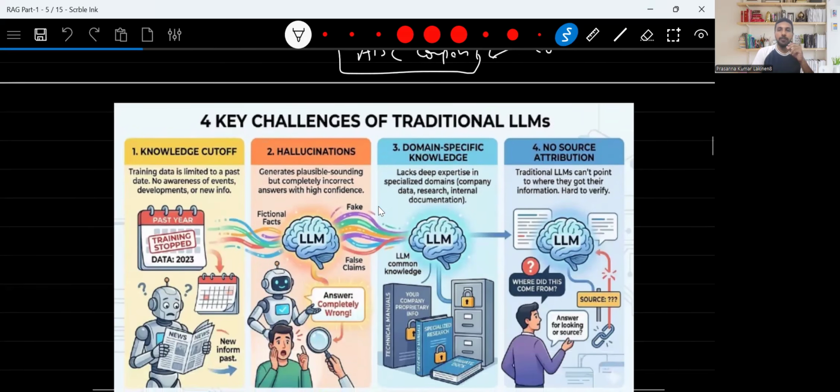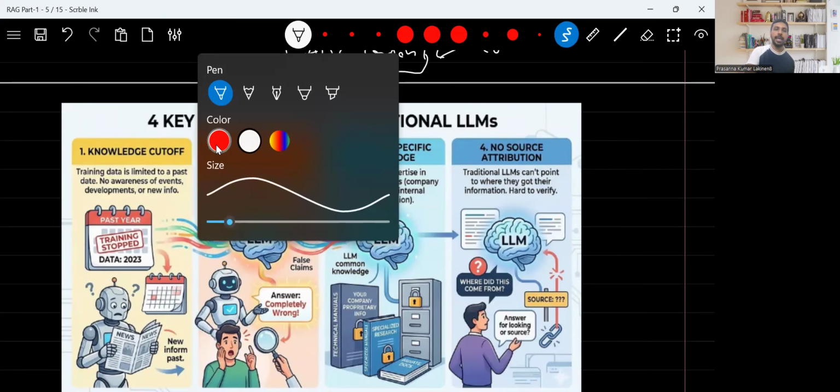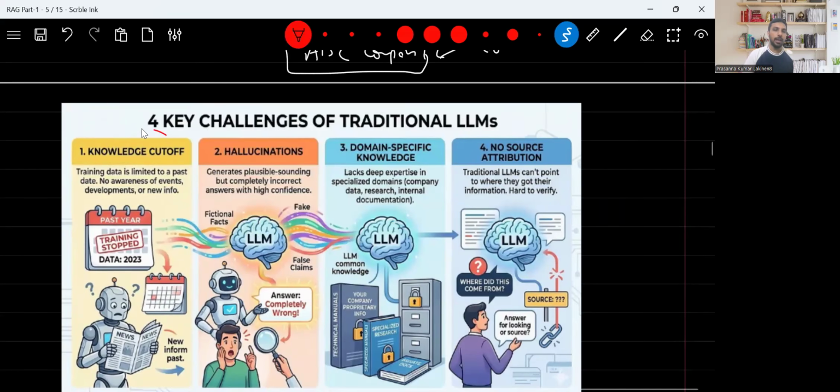If you see the key challenges of traditional LLMs, one is knowledge cutoff. Why knowledge cutoff? LLMs will always have outdated data. And hallucinations. What is hallucination?